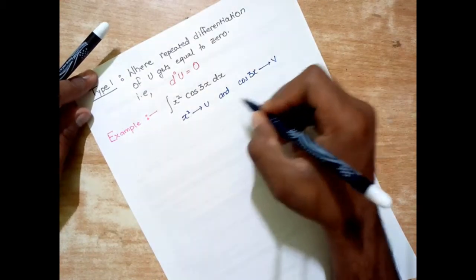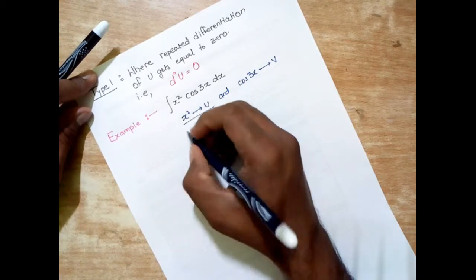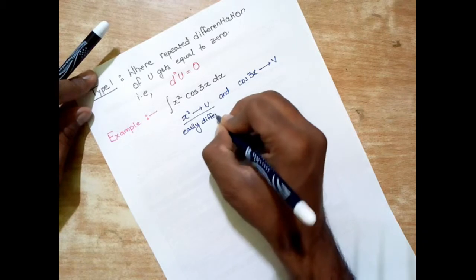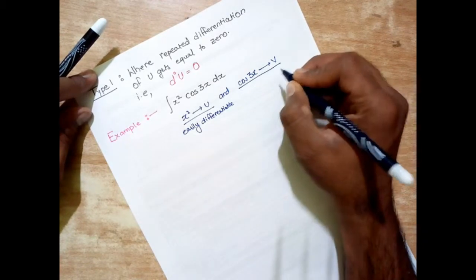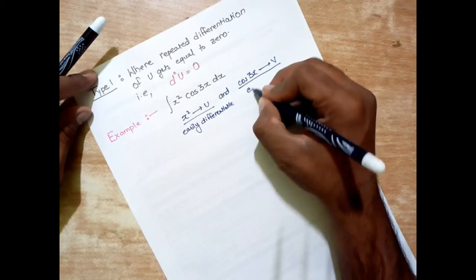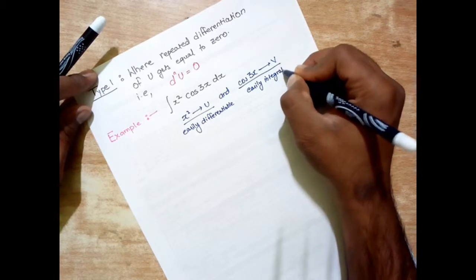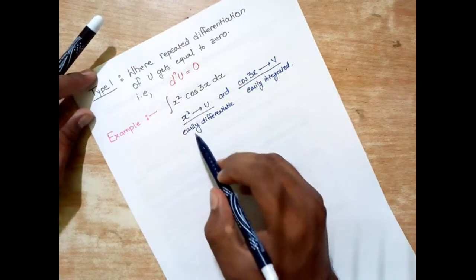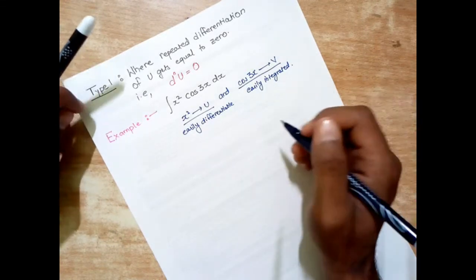Now, the idea behind choosing this as u is that we must choose u which is easily differentiable, and v must be easily integrable. So I feel like x squared can be easily differentiated and cos 3x can be easily integrated.